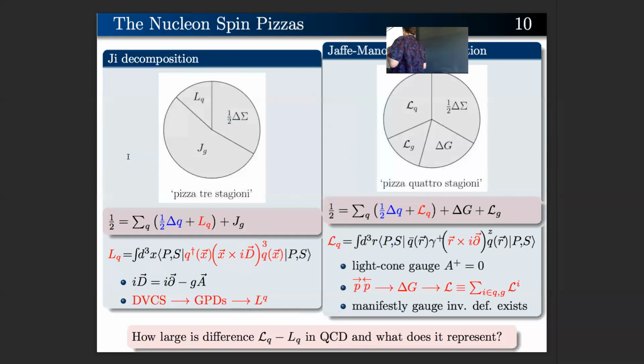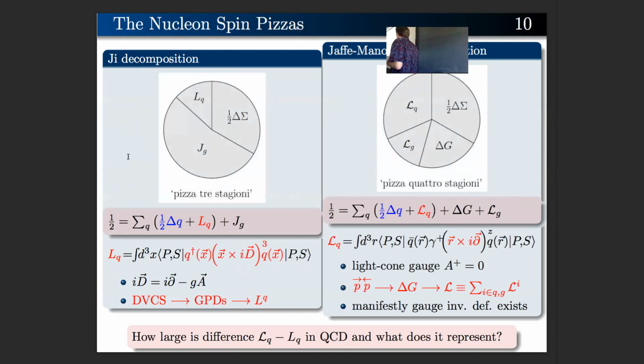That's the essence behind the difference between the G decomposition and the Jaffe-Manohar decomposition. The orbital angular momentum in the G decomposition contains the vector potential. Jaffe-Manohar doesn't. It doesn't look gauge invariant, however, one can write down a gauge invariant extension for each of the terms in the Jaffe-Manohar decomposition.